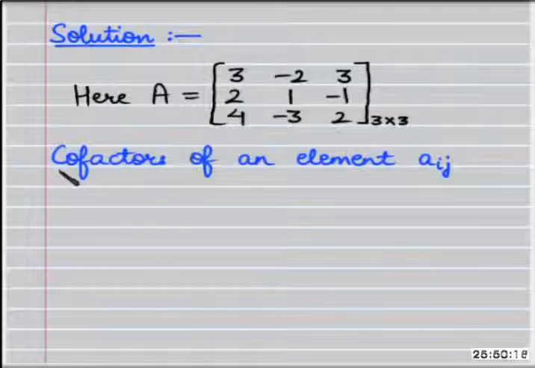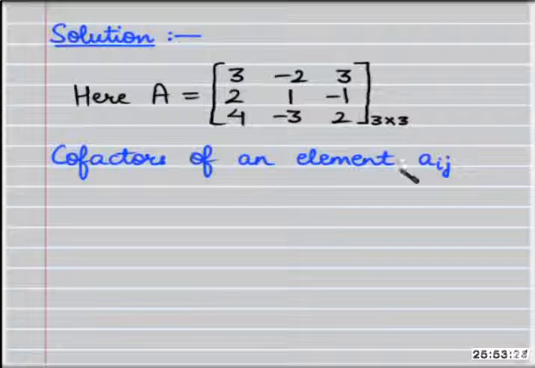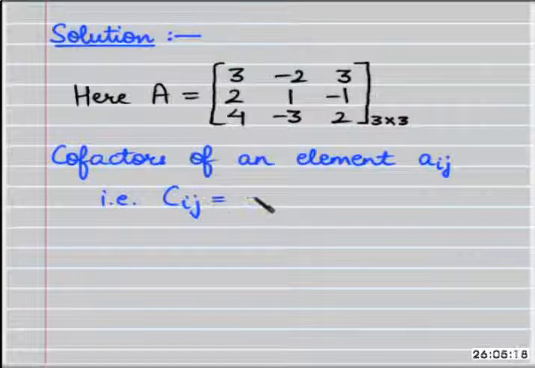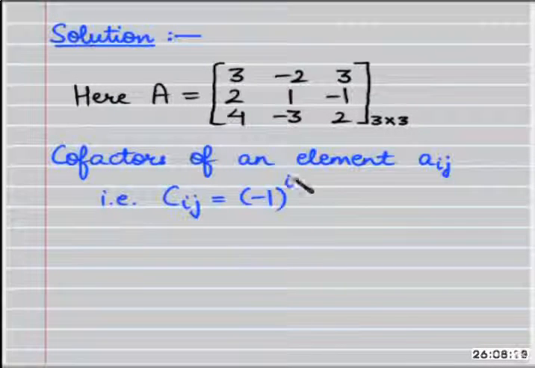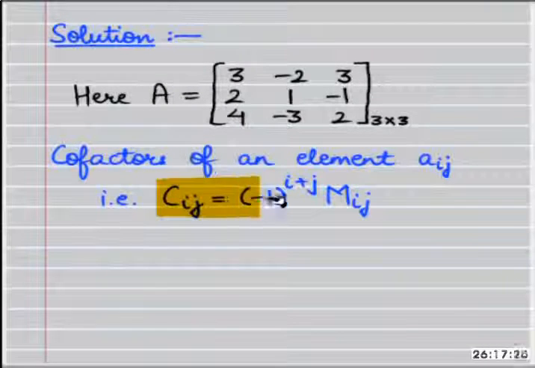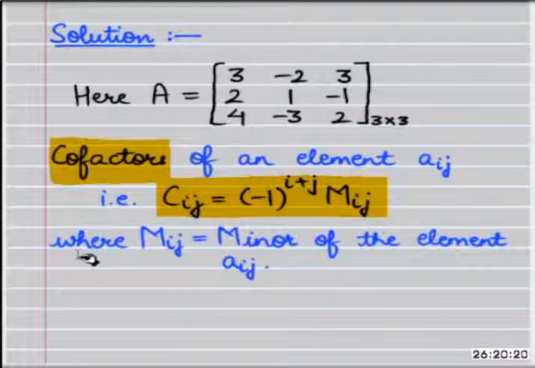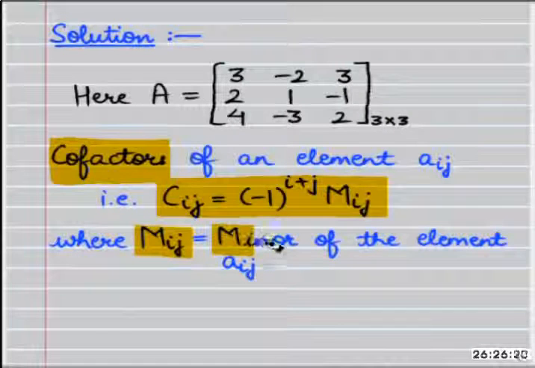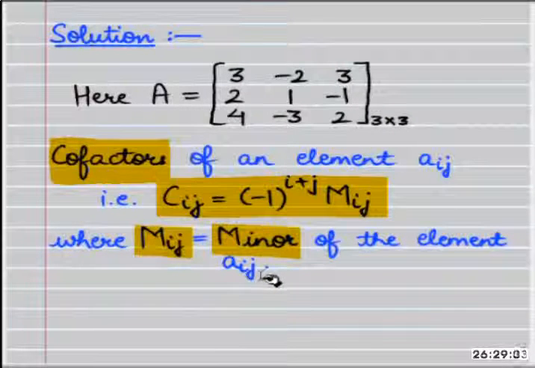Now, as we know that cofactor of an element Aij lying in the ith row and jth column, that is Cij, is equal to minus 1 raised to the power i plus j into Mij, where Mij is the minor of the element Aij lying in the ith row and jth column.